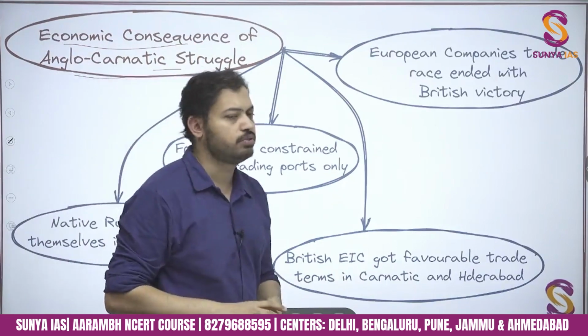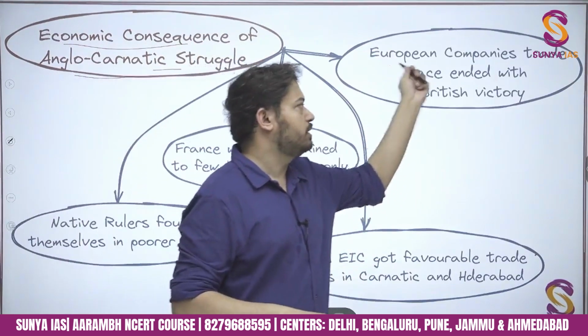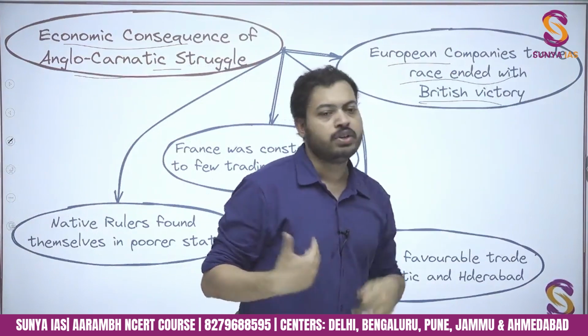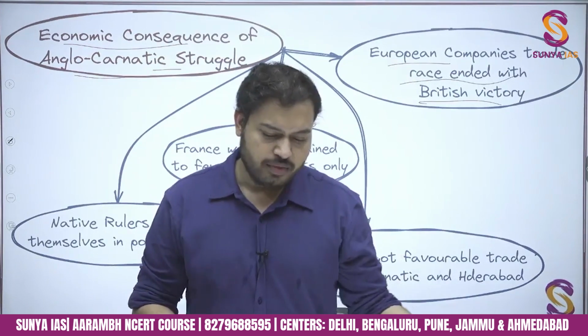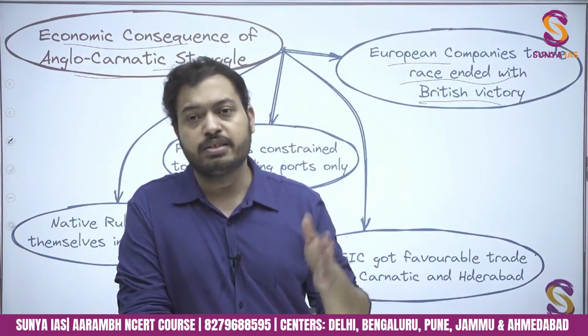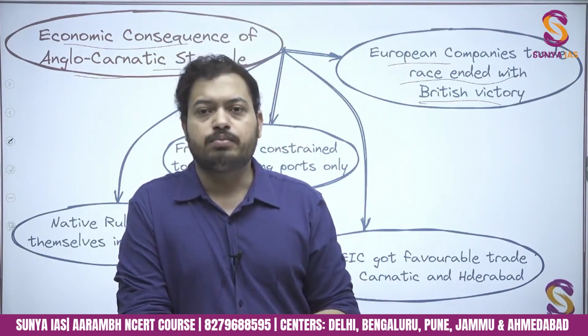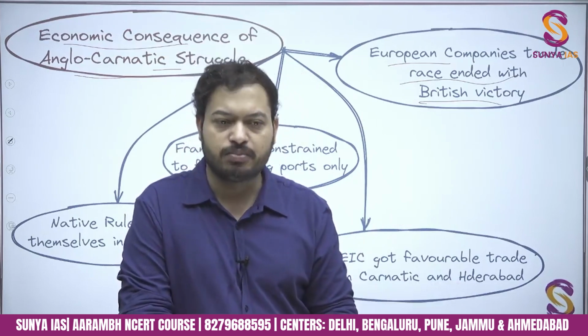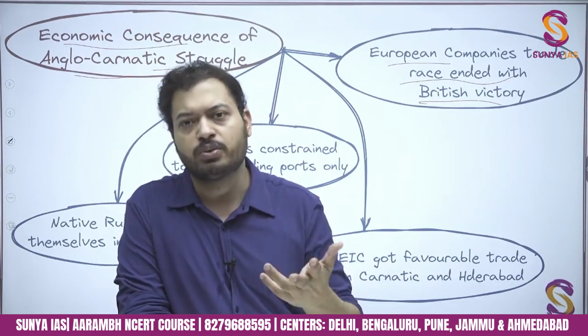What are the economic consequences? European companies' trade race ended with British victory. In the 1740s, between the 1730s and 1740s, the English as well as the French were trying to take over as much business as they could, and that is all that was happening.